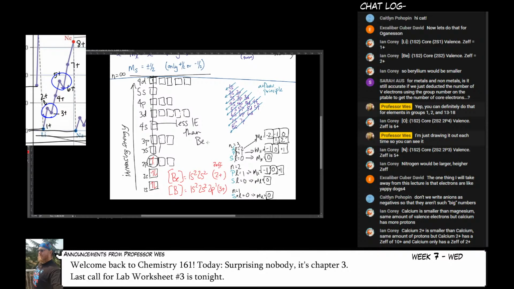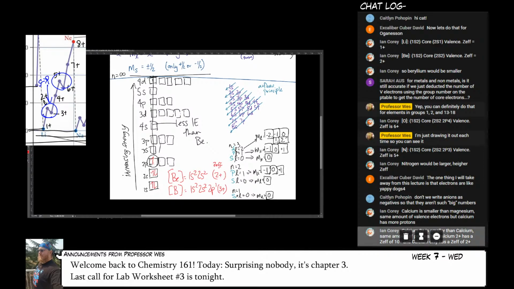So what you are observing on the PowerPoint slide graph here, this is the transition from S to P. So when you go from 2s to 2p, your electrons go in a higher energy orbital. That means that electron is further from the nucleus, and thus it is easier to ionize. So that explains the first transition.